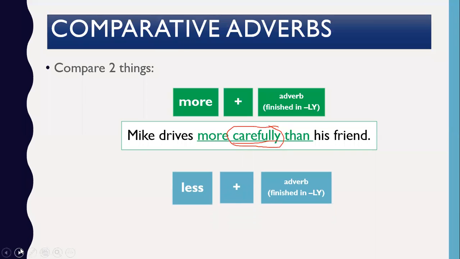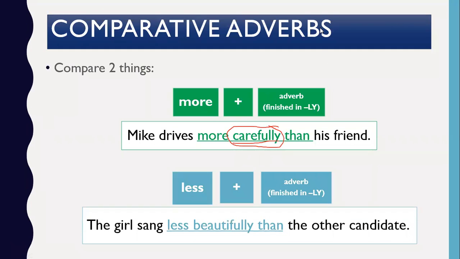Next, there's also less. We can also use less. Example like this one: the girl sang less beautifully than the other candidate. Sang less beautifully.